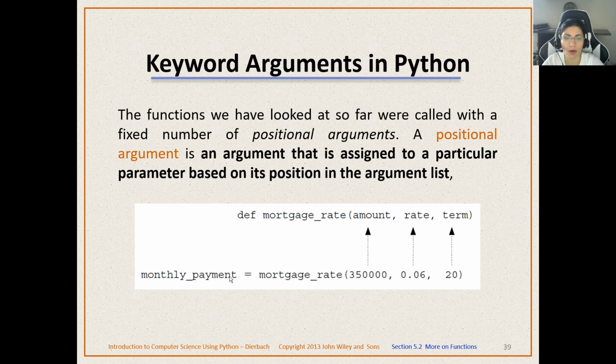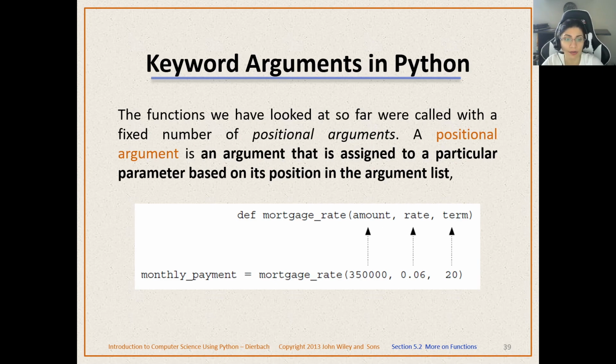Okay, so when you have a function call, which I'm doing here in this line, you are passing three values, and based on their position you're assigning them to different parameters. So the first one goes to the first parameter, the second one goes to the second parameter, and the third one goes to the third parameter. So this is one way of assigning different values to the parameters of a function.